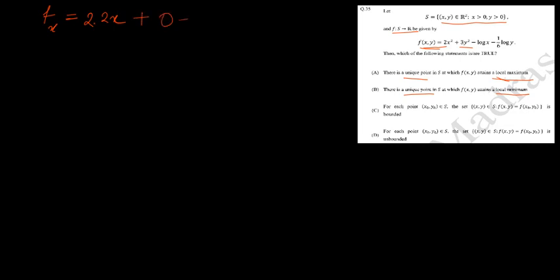Minus the derivative of log x, which is 1 by x, minus 1 by 6 into log y. The derivative of log y is 0 because it is a partial derivative. So fx equals 4x minus 1 by x.